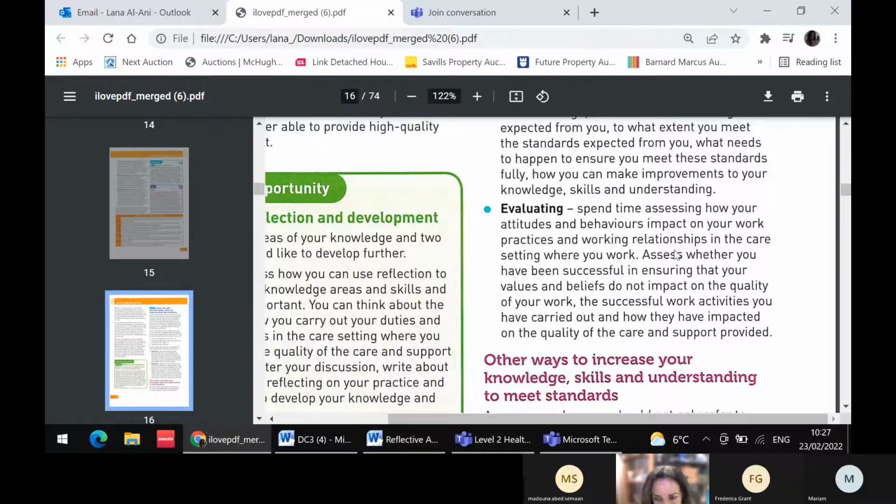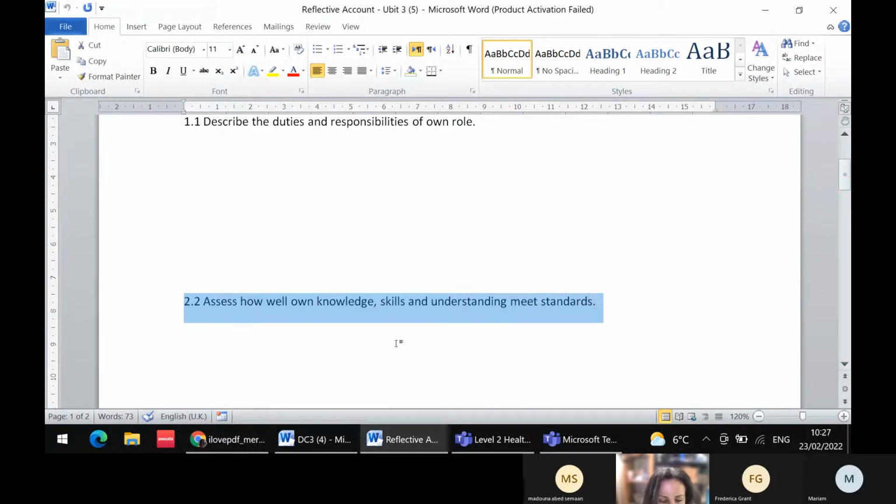You can say some of the skills you still need training in. Like, maybe you're still learning how to take care of people, or everyone's skills are different. So you need to talk about your own skills in this question, because if you go to 2.2, it says assess how well your knowledge, skills and understanding meet the standards.